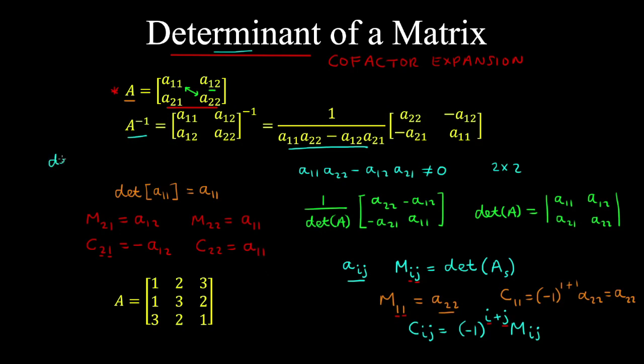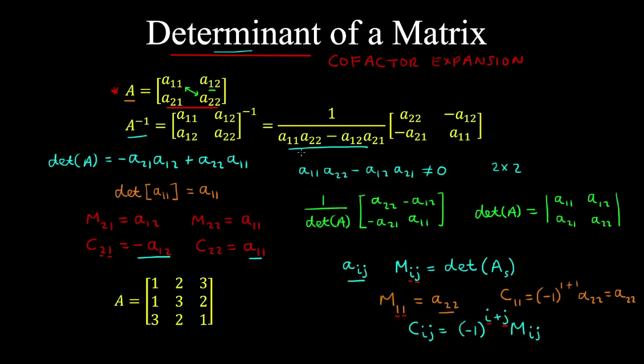So to get the determinant of A, we're doing a cofactor expansion along row 2 here. So we have the entry in row 2, column 1 multiplied by its corresponding cofactor, so that will be multiplied by minus A12. And then we have A22 multiplied by its corresponding cofactor, which is positive.